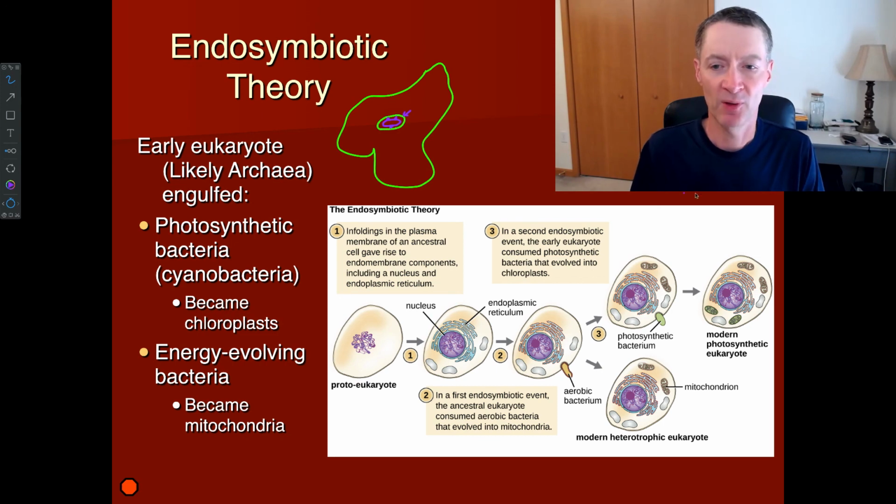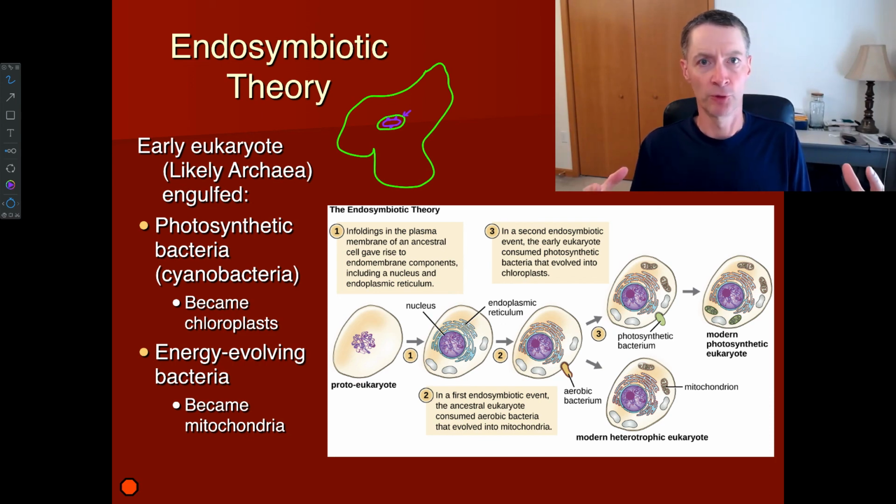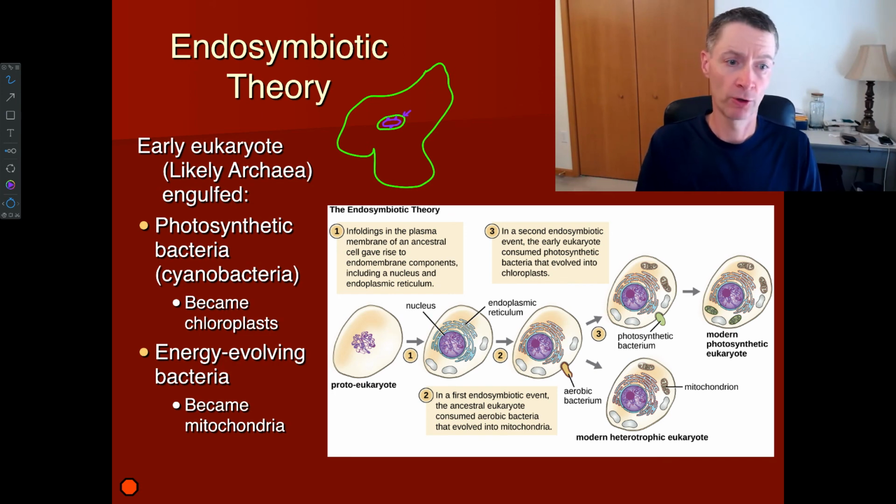It just so happens that in this endosymbiotic theory idea, the benefit for both is that the cell inside now has food, has shelter, right? And the bigger cell now gets energy or sugars from a chloroplast. This is such a beneficial environment that these cells thrive together, all right?